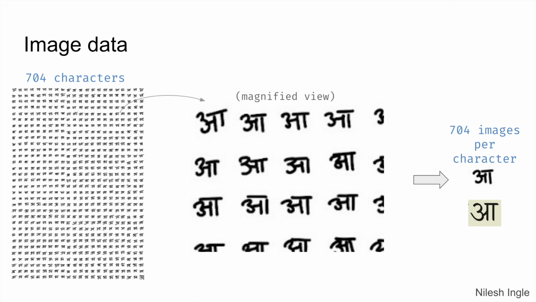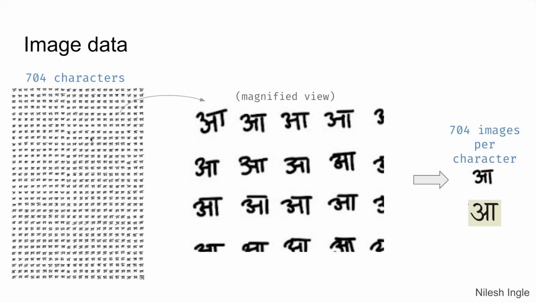What I've done is written each character or each alphabet on a page 704 times. As you can see on the left hand side, the code here is the magnified view of that page. The code then reads each of these pages and crops each alphabet or each character from that image and saves it as a separate JPEG image.